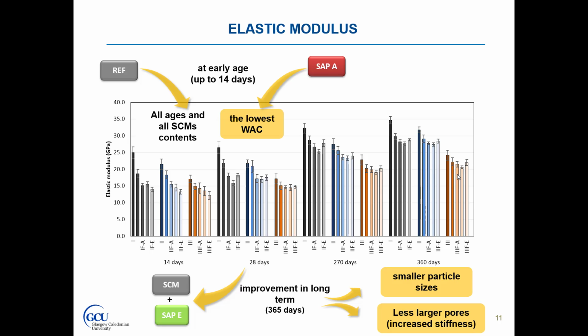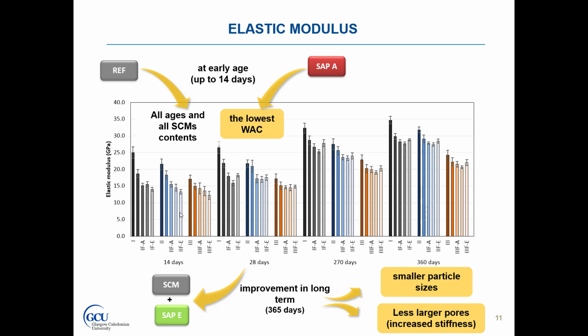The decrease in SAP mortars can be related to their higher total porosity at early age. Pores may act as weak spots and influence mechanical behavior.